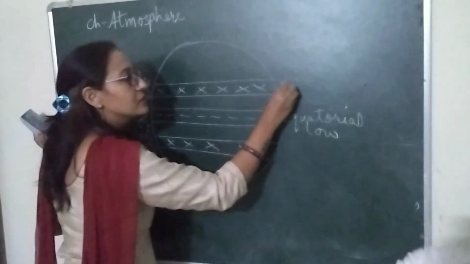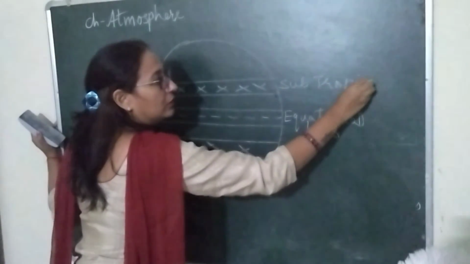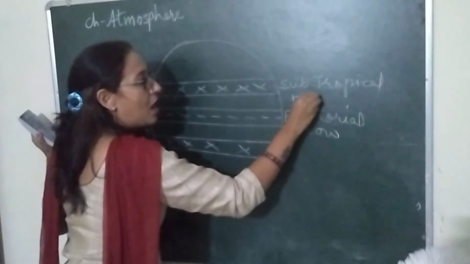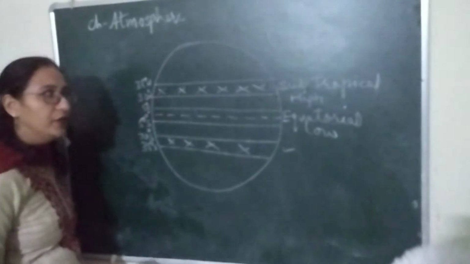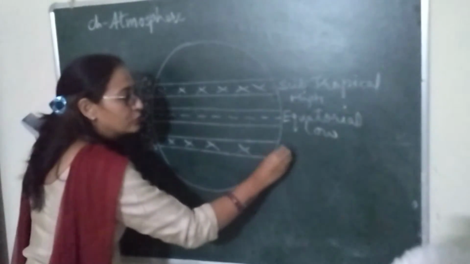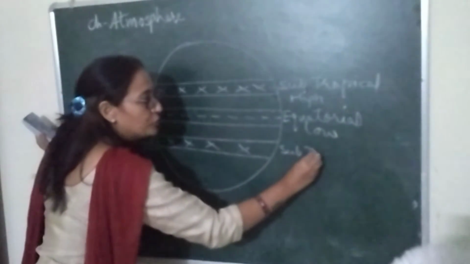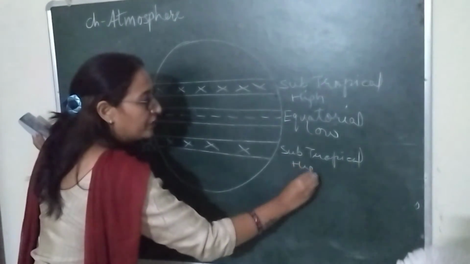What we call this? Subtropical high pressure belt. Same here also, subtropical high pressure belt. Then next, here also I will write subtropical high pressure belt.